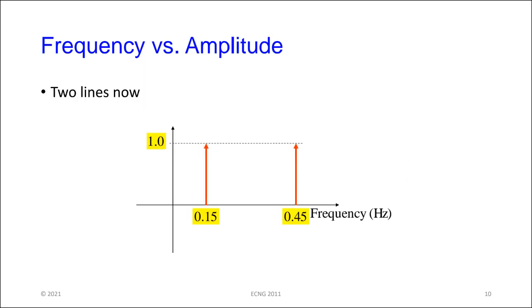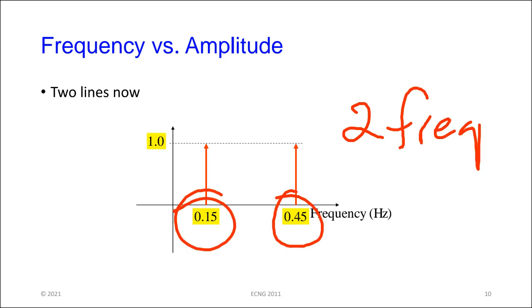On the other side, this is telling me that that particular signal has two frequencies in it. It has 0.15 hertz and 0.45 hertz, and both of them have amplitude 1 volt.